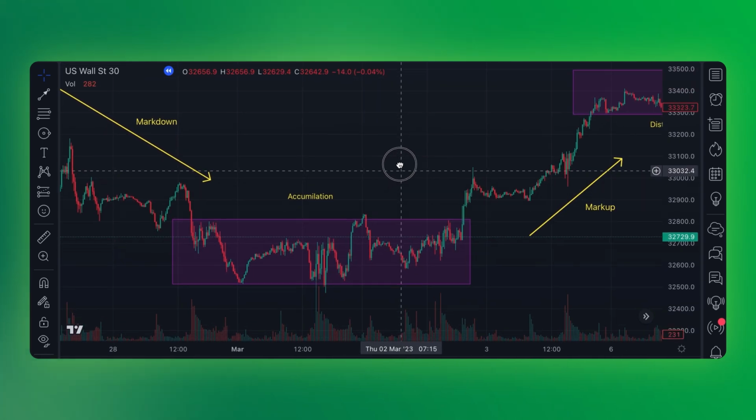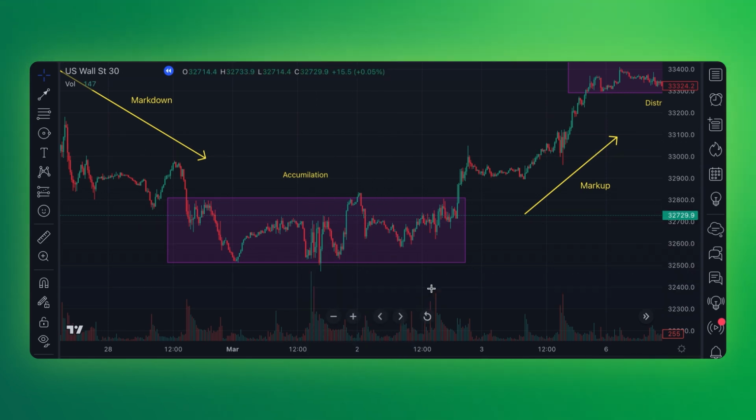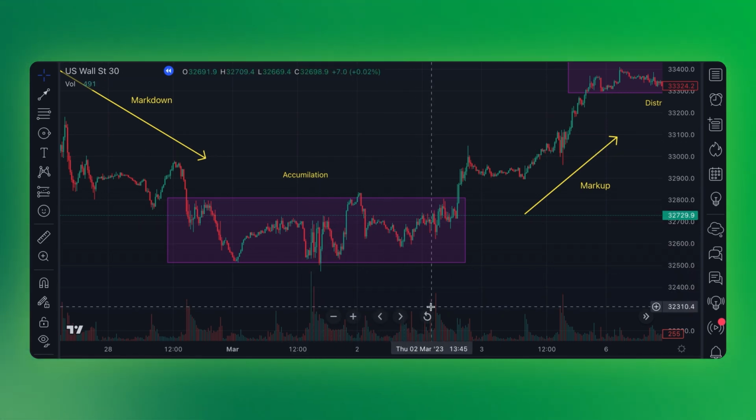So the law of effort and result, and this is where volume bars come into play in conjunction with price action. Now as we said earlier, accumulation is consolidation at the lower end of price action, and in a period of consolidation with high volume, or when you see these massive spikes in volume as you see right here, this is known as the law of effort and result.